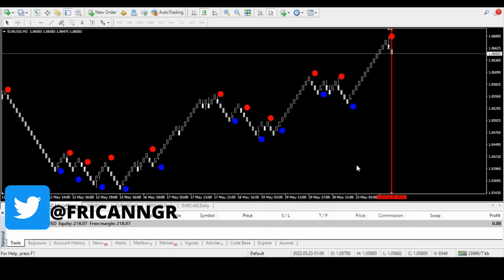With at least 4 signals in a day, that is $20. Multiplied by 20 days, that is $400. It means you double your capital. That is the target, guys.